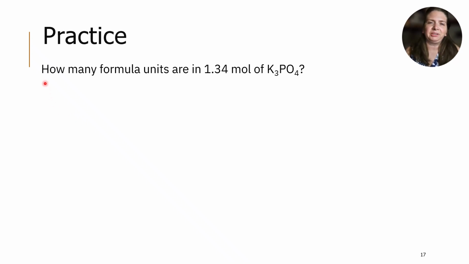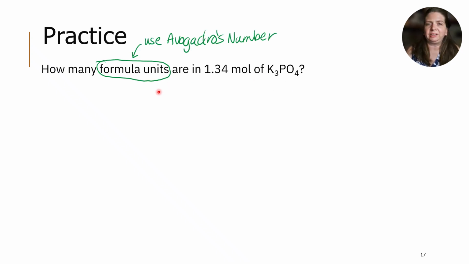How many formula units are in 1.34 moles of K3PO4? The phrase formula unit tells us immediately that we need Avogadro's number. Recall, 1 mole of K3PO4 is equal to 6.022 times 10 to the 23rd formula units of K3PO4.